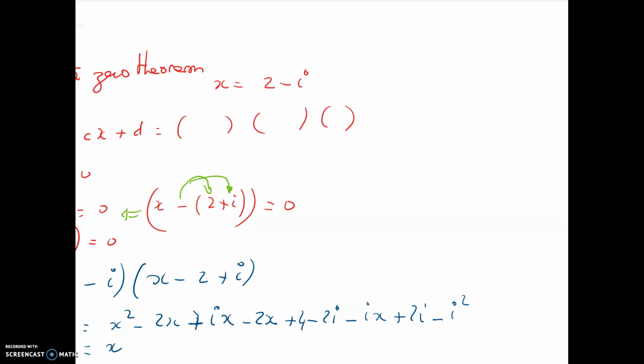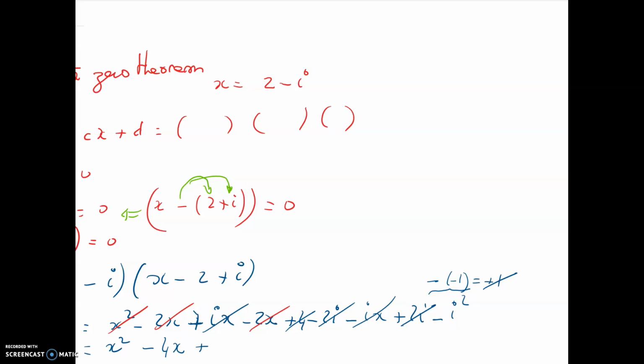I end up with x squared, then negative 2x, negative 2x, which gives negative 4x. Then ix minus ix cancel out, and negative 2i plus 2i cancel out. Minus i squared is the equivalent of negative 1 times negative 1, which is plus 1. 4 plus 1 equals 5.